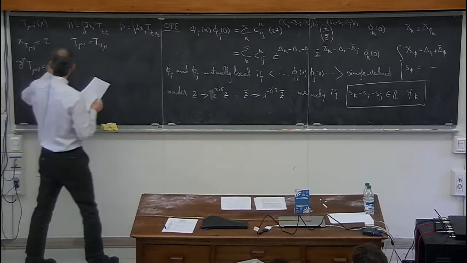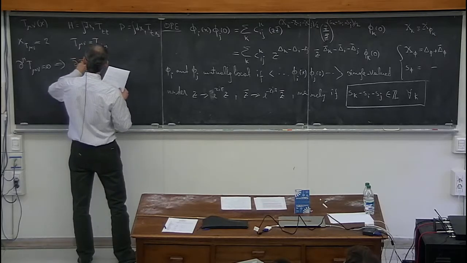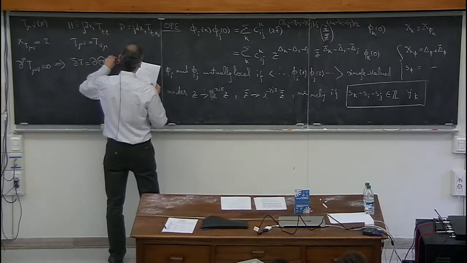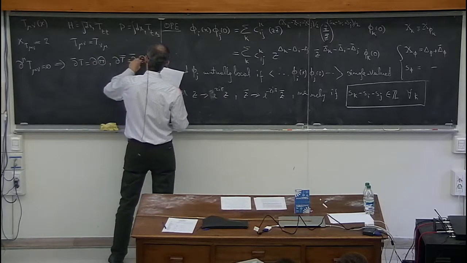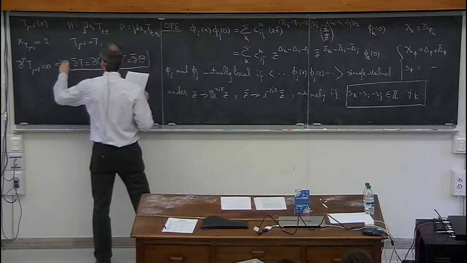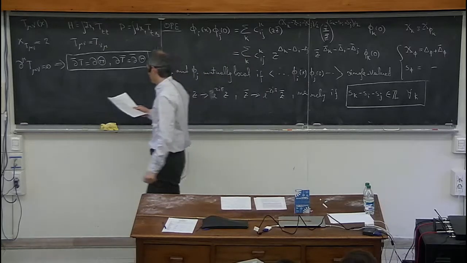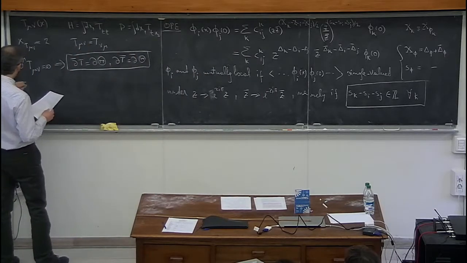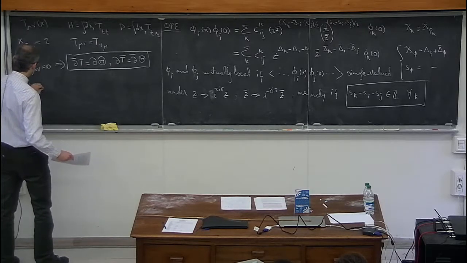These conservation equations can be written as d bar T equal d Theta and d T bar equal d bar Theta, provided we switch to these components, going to complex coordinates.